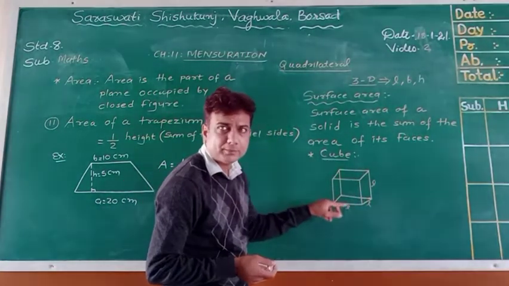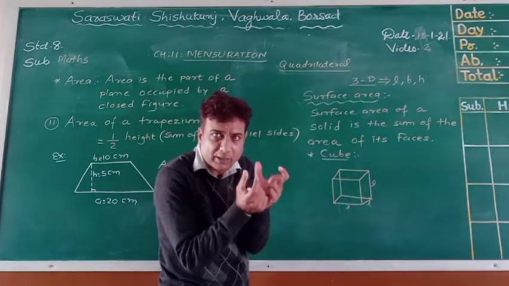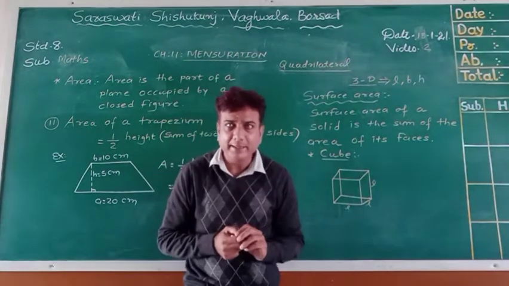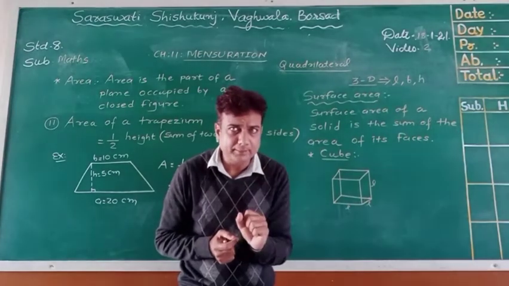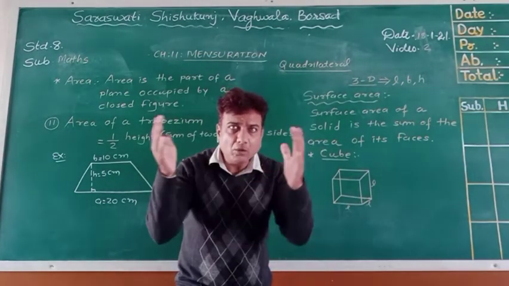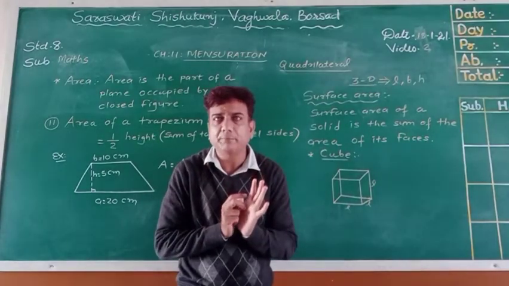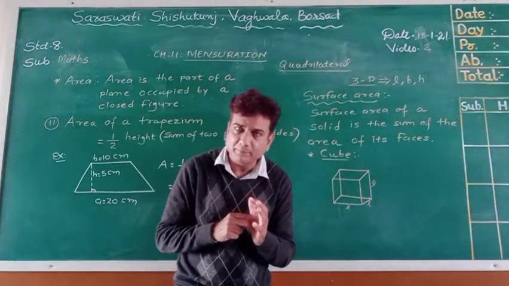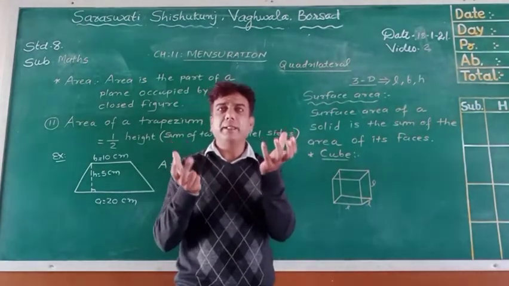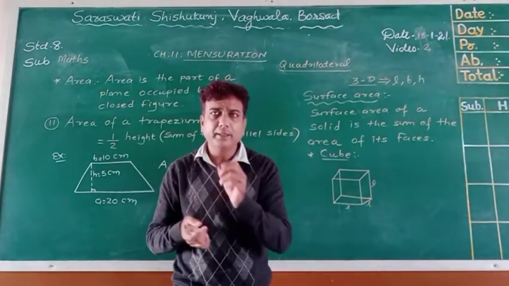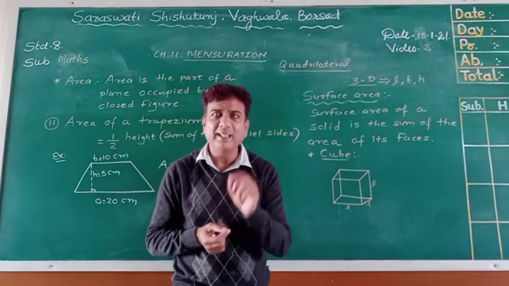It looks like a square, and we know the square area. It has 6 faces, all faces are equal in shape, and all are squares. So we know the formula for the area of a square: area of square equals L squared.